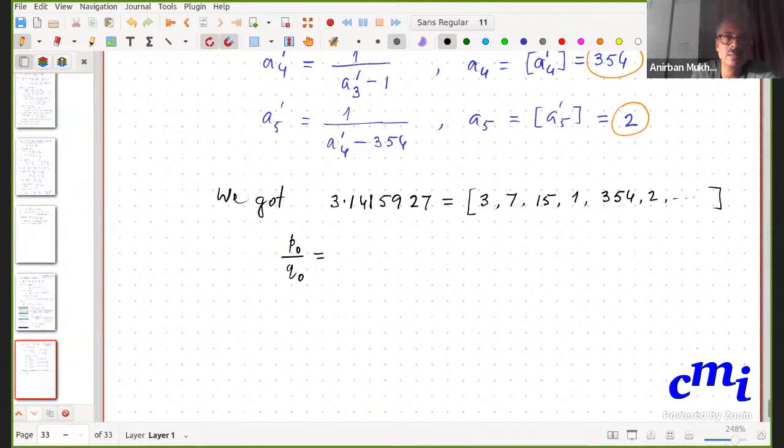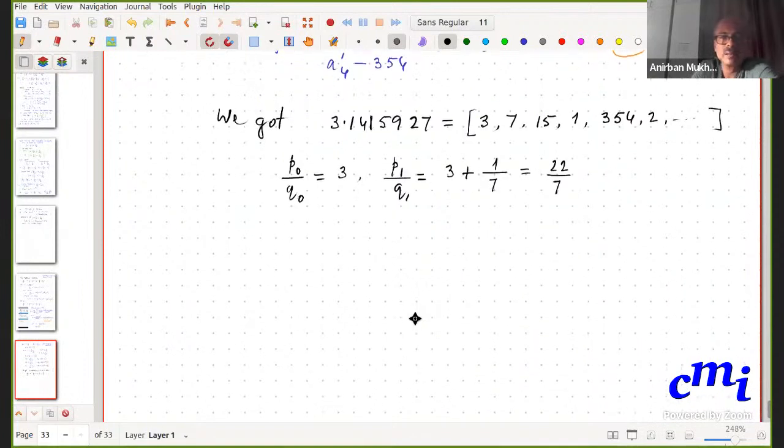P naught by Q naught is simply 3. And P1 by Q1 is 3 plus 1 over 7. So this is the one we always use, 22 by 7. That's the next convergent.